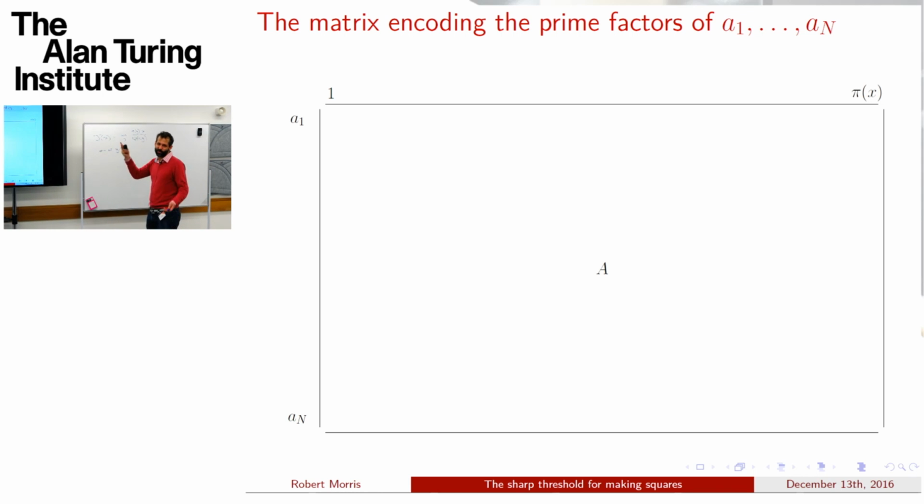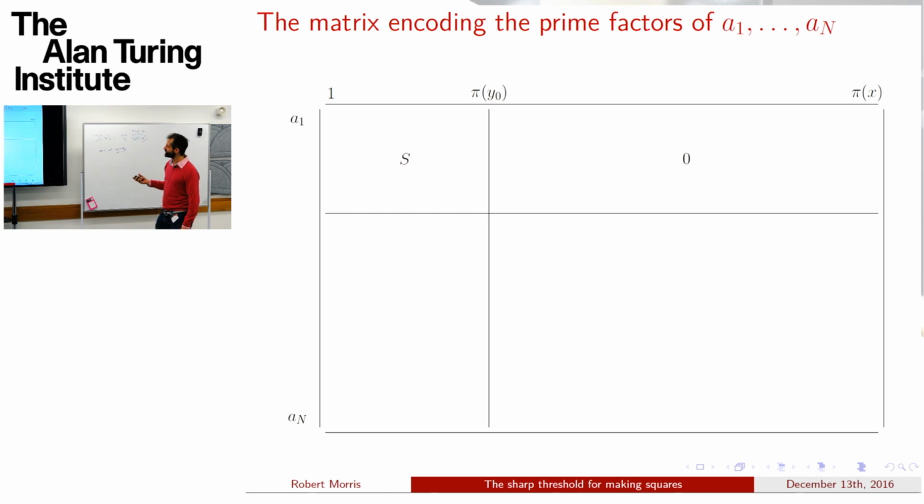Okay, if it divides twice, then that's good for you. Okay, and here's this y0, actually the pi of y0, and all of these numbers which are 0 to the right of this line, these are the y0 smooth numbers. Okay, not quite, these are slightly more than that, but basically the same thing. So that you get this matrix S, which is the one that I defined in the previous slide.